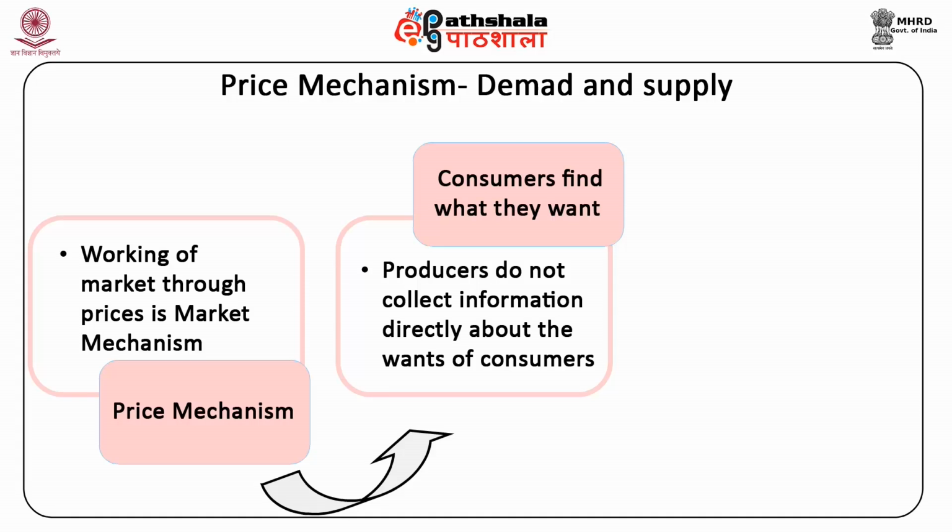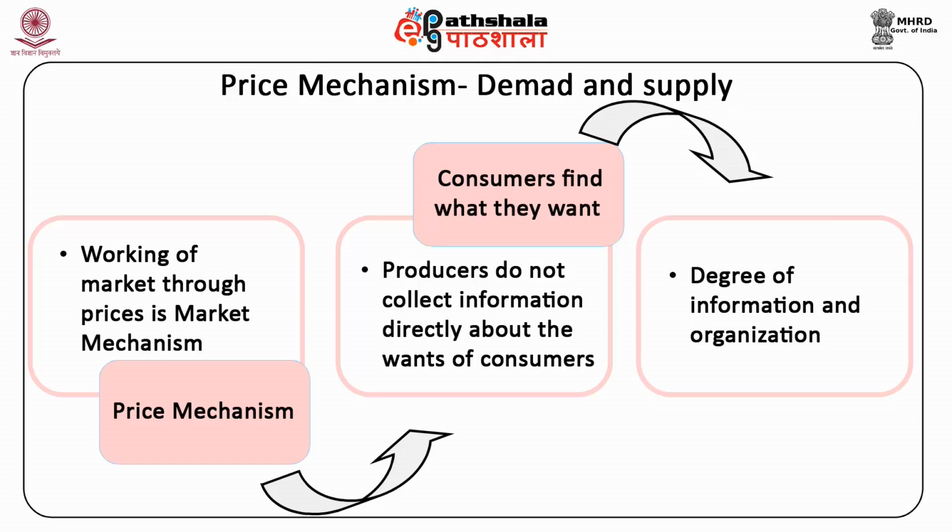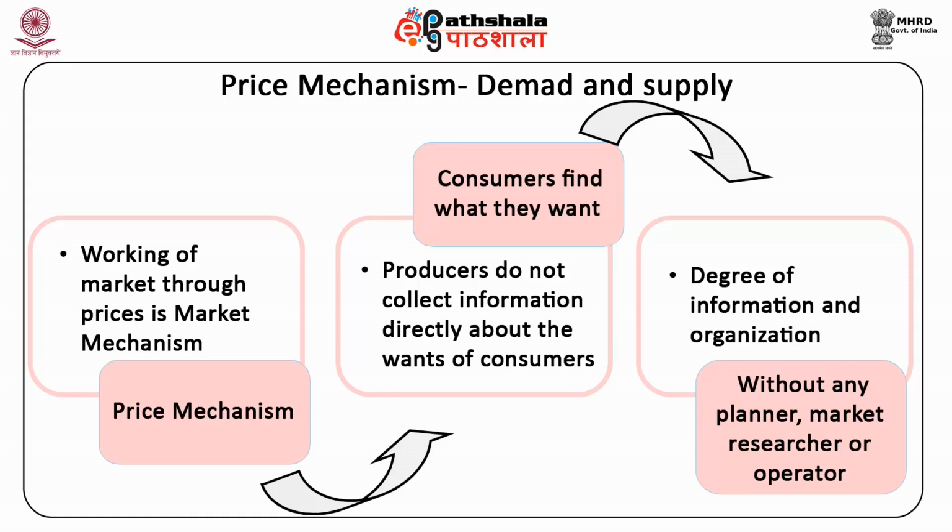Consumers, too, do not get too bothered about their wants being satisfied. They find that they have more or less been produced and brought to the market. There exists a certain degree of information and organization in the market without any planner, market researcher, or operator.